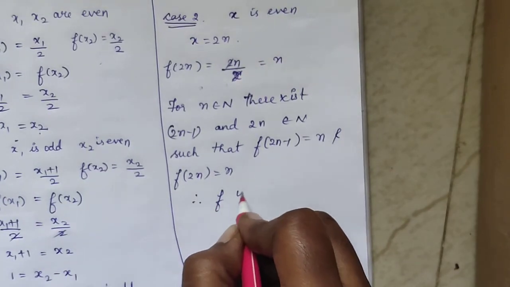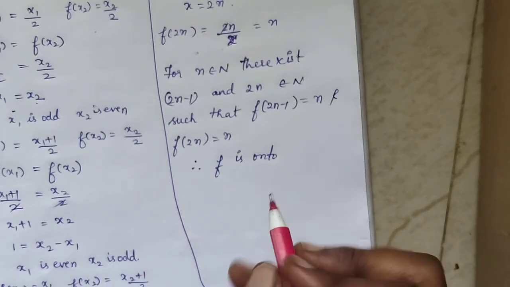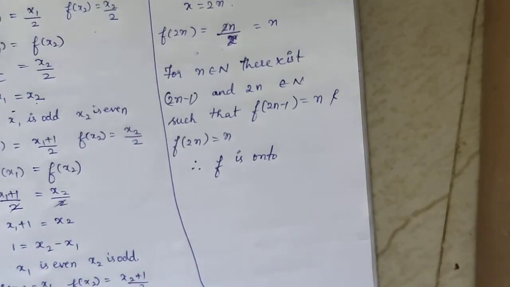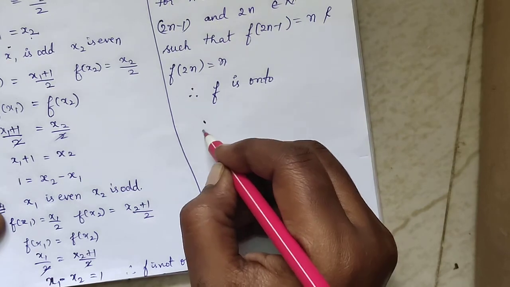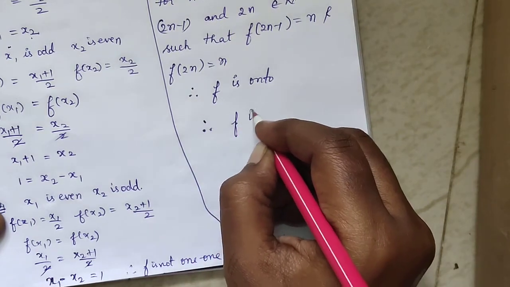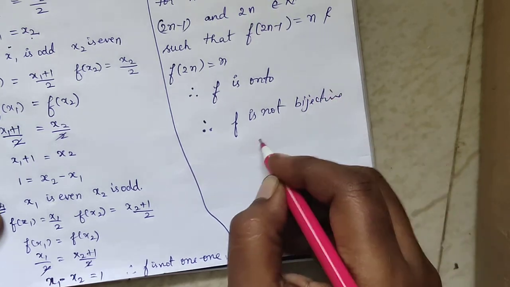Therefore f is onto. So at last what we can conclude is f is not one-one but it is onto. Therefore at last we can conclude that f is not a bijective function.